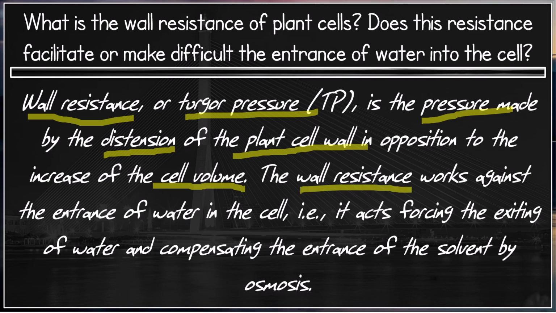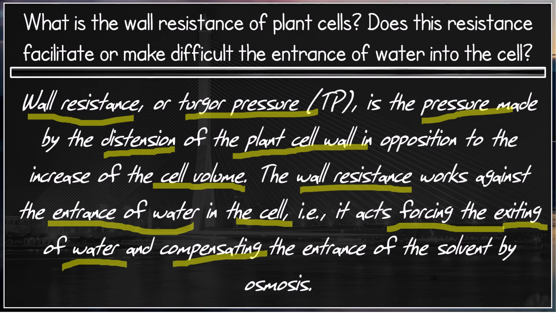The wall resistance works against the entrance of water in the cell. That is, it acts forcing the exiting of water and compensating the entrance of the solvent by osmosis.